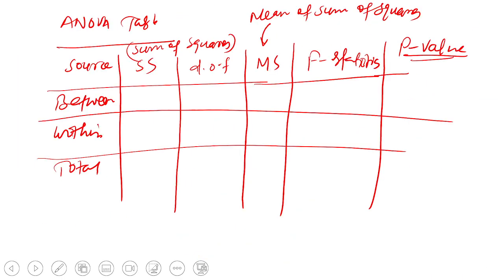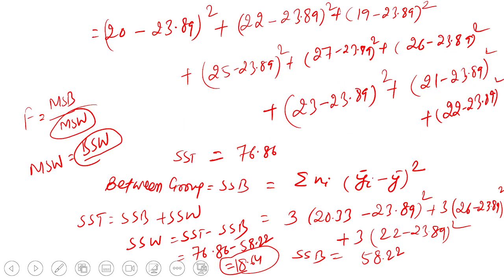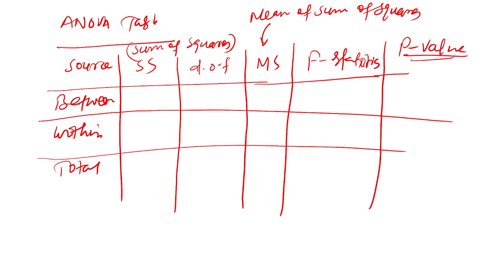So what is the value of between actually? SS, not the MS. SSB we have 58.22. Then we have the within value, how much we have? 18.67. What is the total value? 76.91.